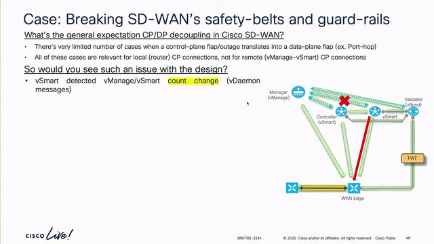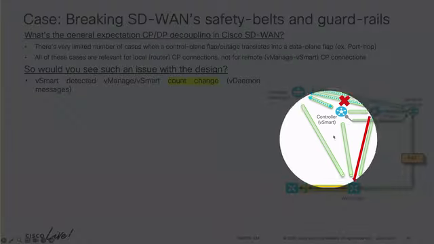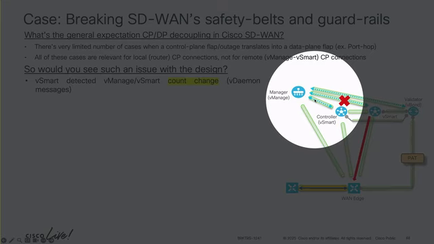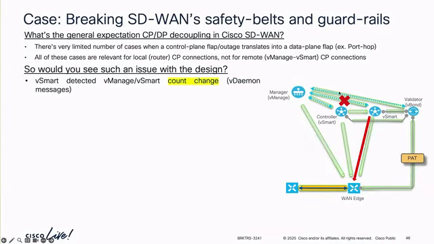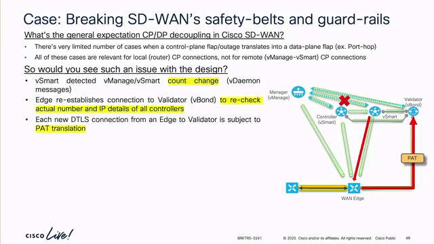So let's say we have that control plane issue in the background between vManage and vSmart. What happens next? vSmart sees it loses connection to its vManage. What it does, and this is not commonly known, is it tells everyone, including all other vSmarts and edge devices, okay, I've lost my vManage.